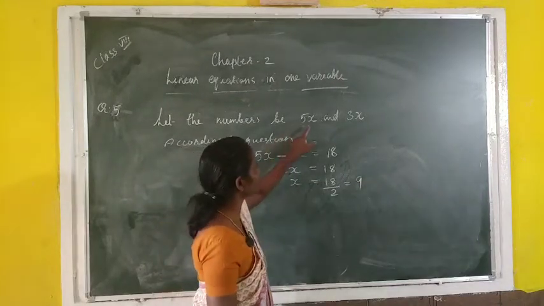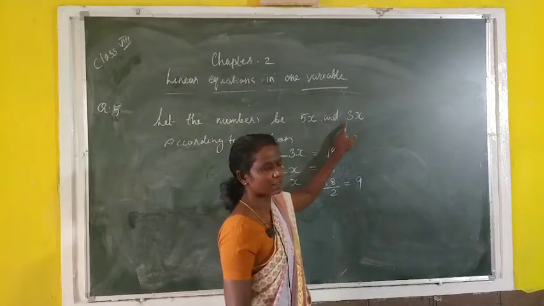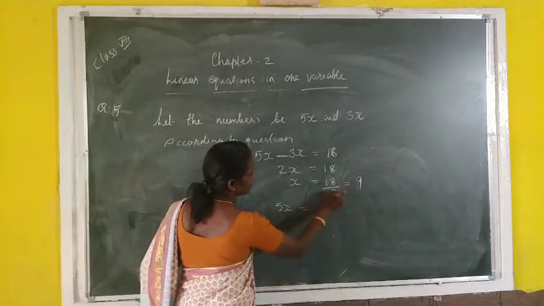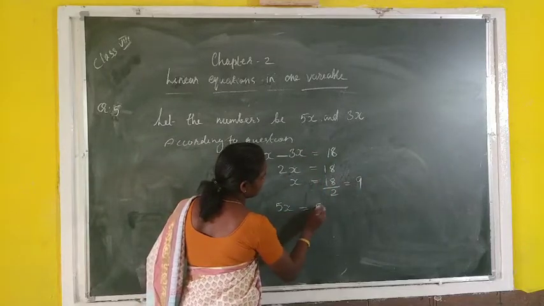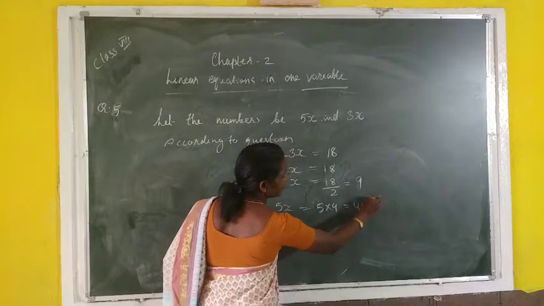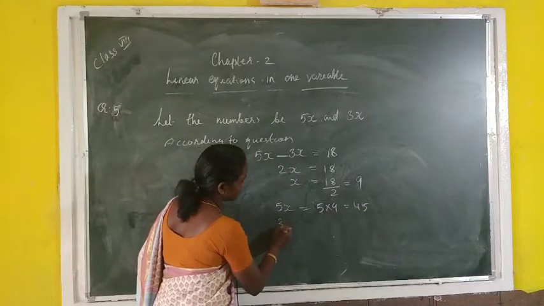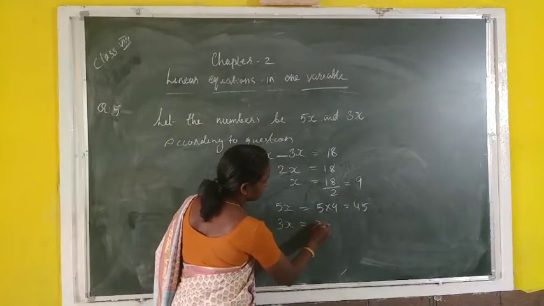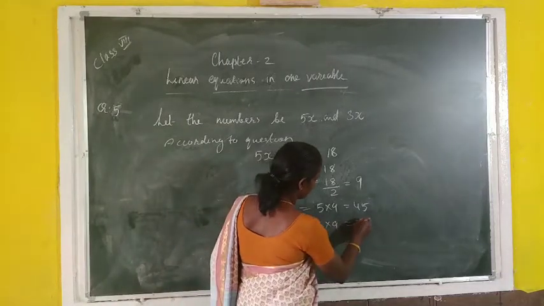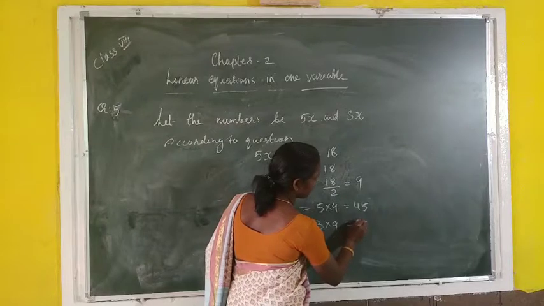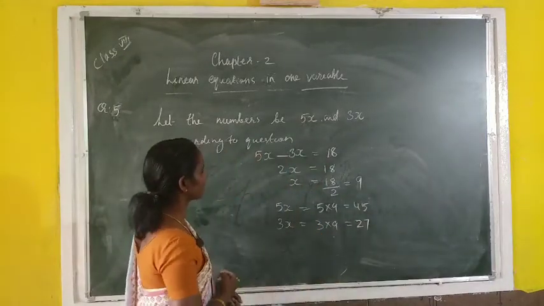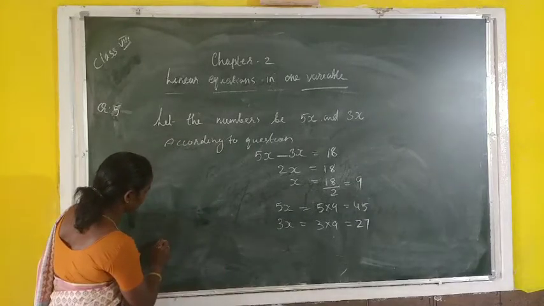Then we can find 5x and 3x. 5x is equal to 5 into 40, which is 200. And 3x is equal to 3 into 40, which is 120.